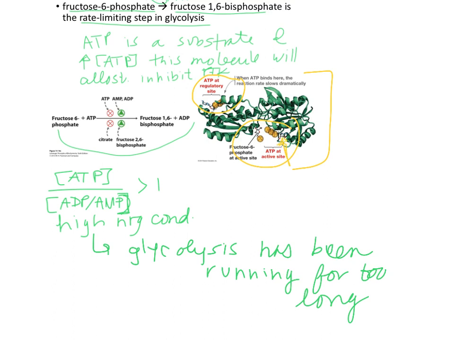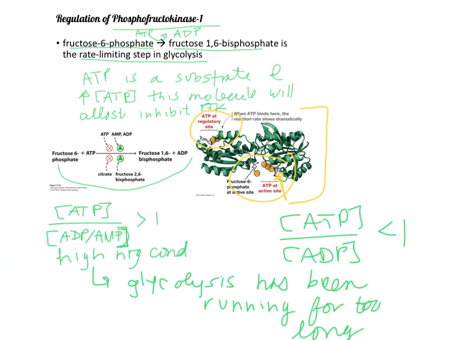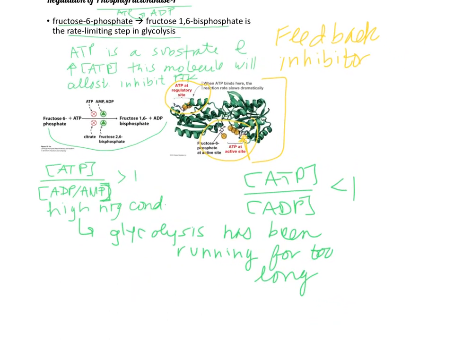at low concentrations, so this would be where ATP/ADP is less than 1, you'll have your normal reaction, whereas if you increase that ATP concentration, it will come back, and in this case, ATP is a feedback inhibitor. Okay, so why is it a feedback inhibitor?